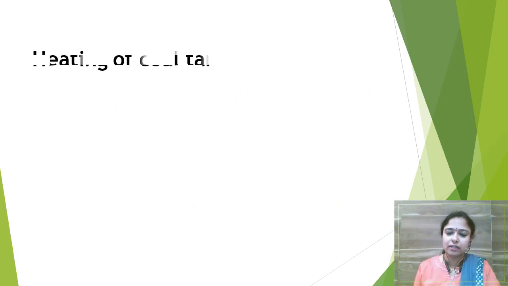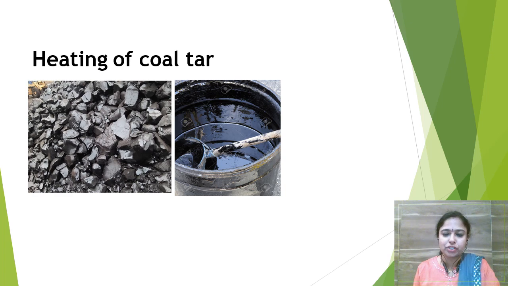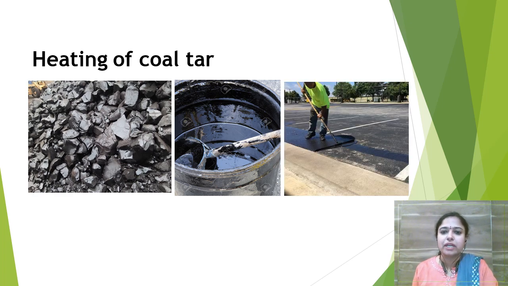Heating of coal tar. Construction workers heat a black material called tar or coal tar to a high temperature till it becomes a liquid. This tar is then used in constructing or repairing the roads. Now, is this a reversible change?